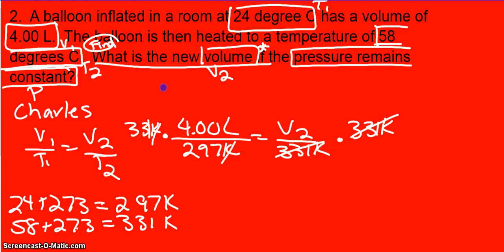You cannot use parentheses and multiply an entire equation that way. It just isn't the way that it works. So once I do my math on the left of 331 times 4 divided by 297, we get 4.4579, etc. And rounding to my significant figures of 3, I get 4.46 liters.